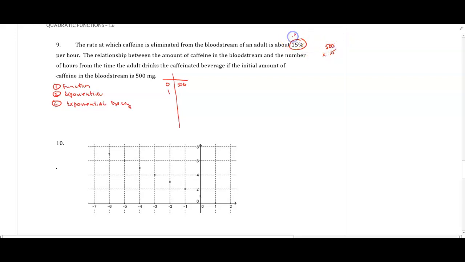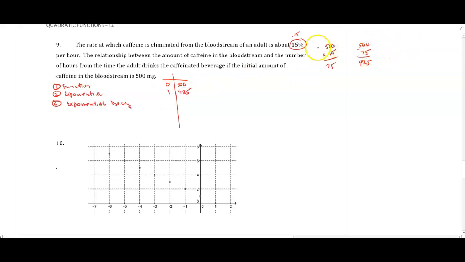Remember, anytime we use percentages, we change them to decimals. So 500 times 0.15, that's 75. So now, how much caffeine is left? 500 minus 75, which gives me 425.